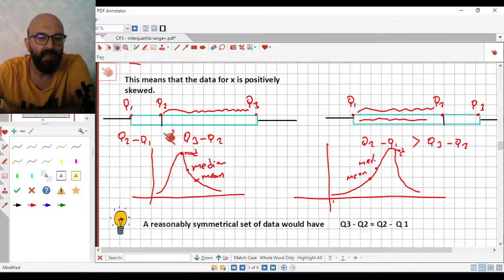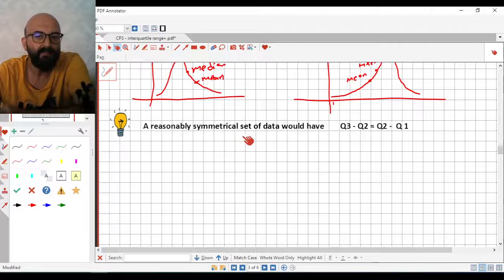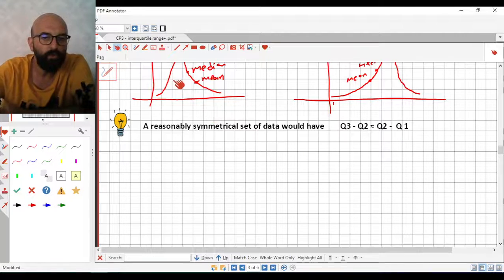Okay, and a reasonably symmetrical set of data would have Q3 minus Q2 approximately equal to Q2 minus Q1.